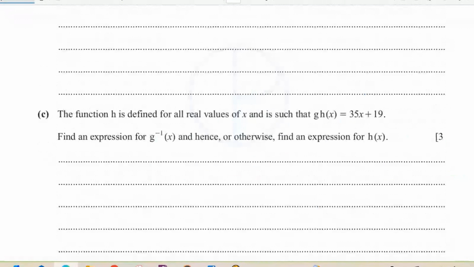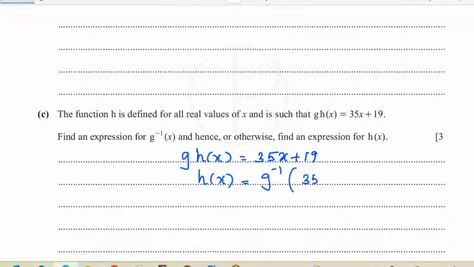So the function given is gh(x) equals 35x plus 19. If you multiply both sides by g inverse, you will get h(x) equal to g inverse of (35x plus 19).